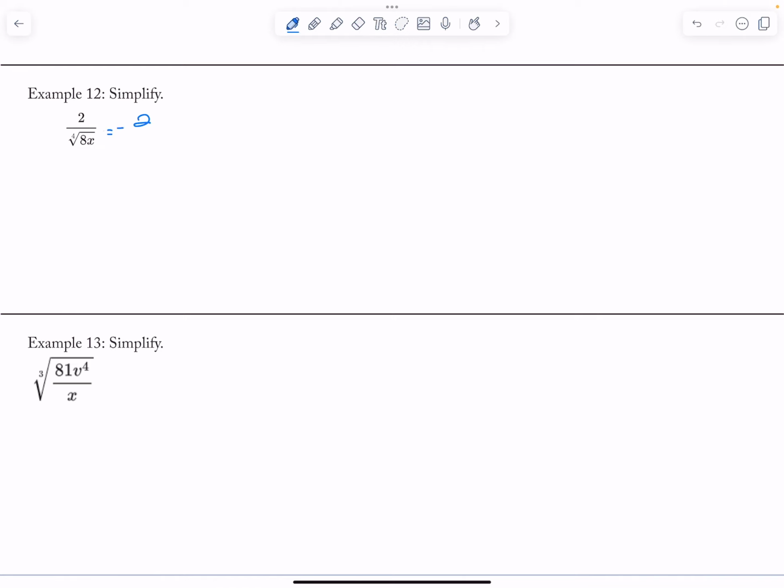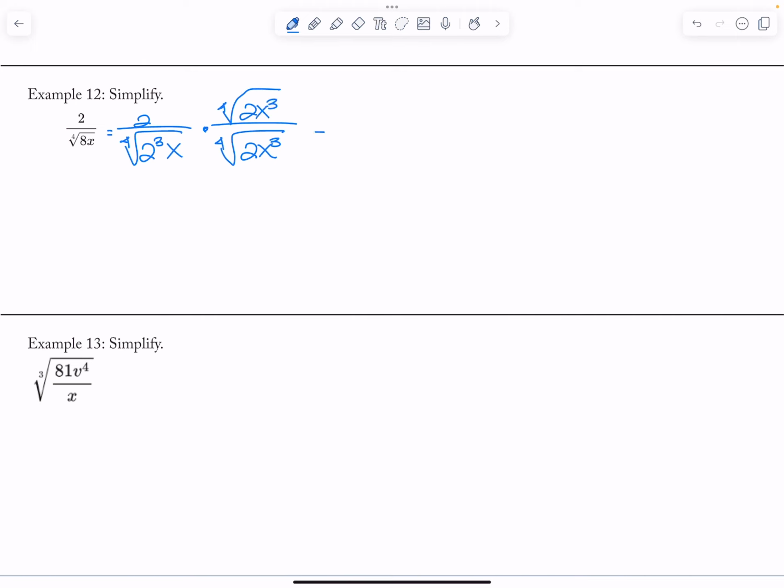So 2, and then I have the 4th root of 2 cubed, right? That's 8, and then an x. So I need 1 more 2 and 3 more x's. So then this is 2 4th root of 2x cubed, all divided by the 4th root of 2 to the 4th and x to the 4th.